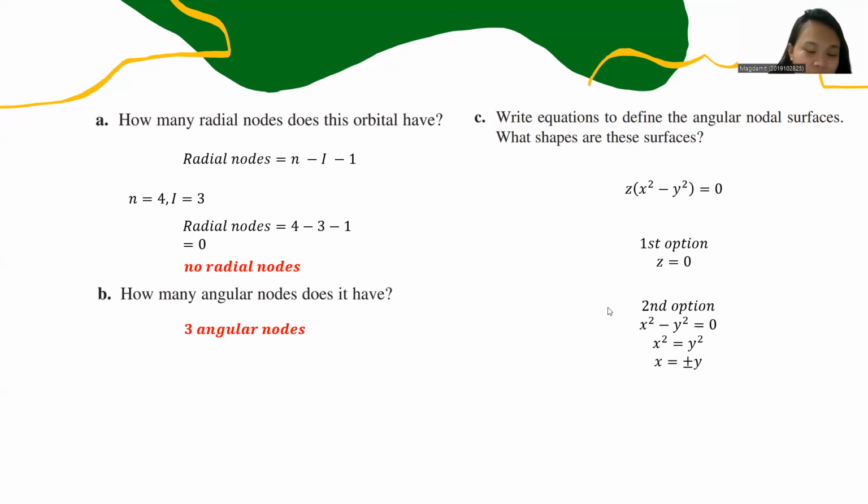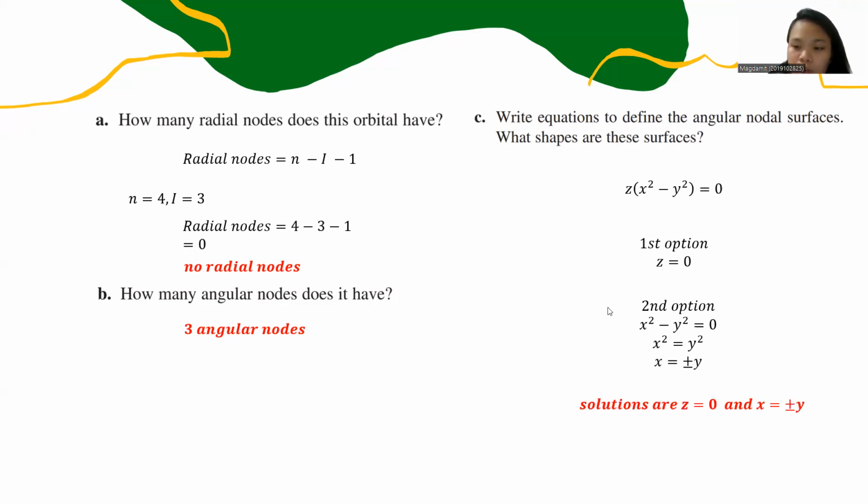This gives x squared equals y squared. Getting the square root, it now becomes x equals positive or negative y. Hence, the solutions are z equals 0, the xy plane, and the planes where x is equal to y and x is equal to negative y, both perpendicular to the xy plane.